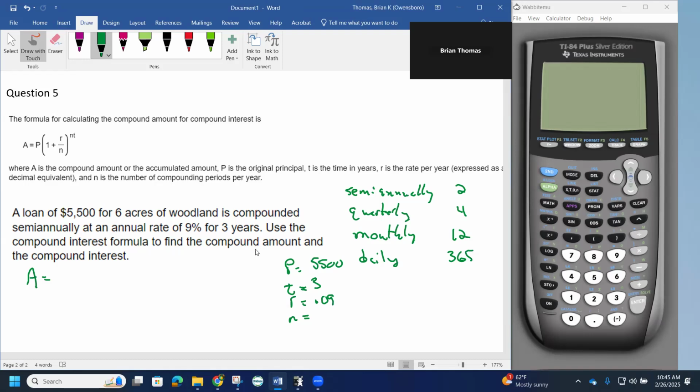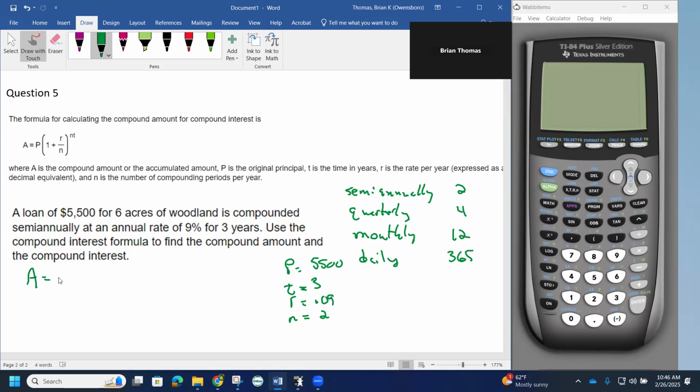And then they also say we're compounding it semi-annually. So it does say twice a year. So again, we have a loan of $5,500 for 6 acres of woodland compounded semi-annually at an annual rate of 9% for 3 years. And we want to find the compound amount and the compound interest using our formula here.